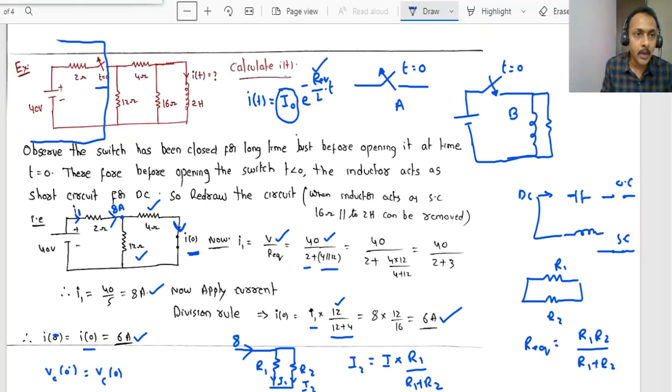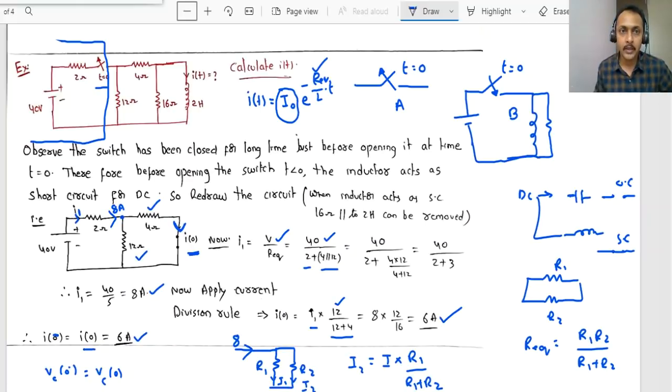You can remove this part, the 40 volts and 2 ohms, because the switch is open. Now there is no use of this 40 volts and 2 ohms. For the remaining part, calculate the R equivalent. That is important. This is the point where the student feels the difficulty. He will get stuck here.